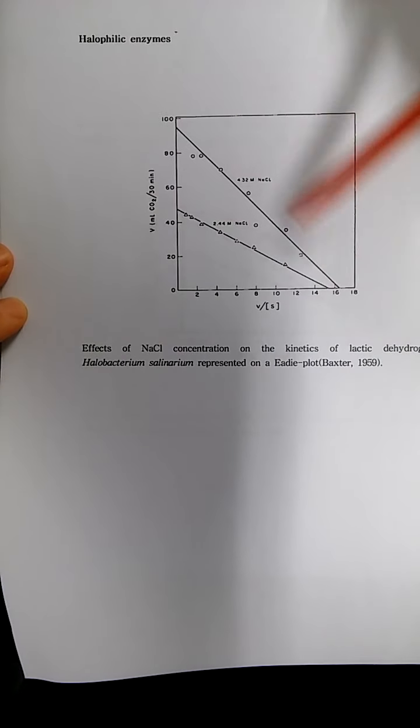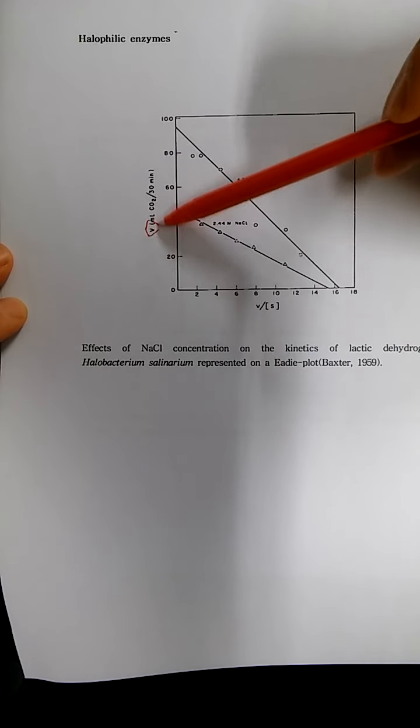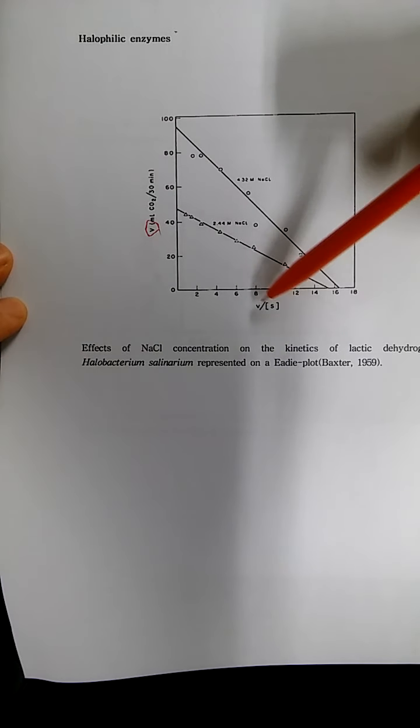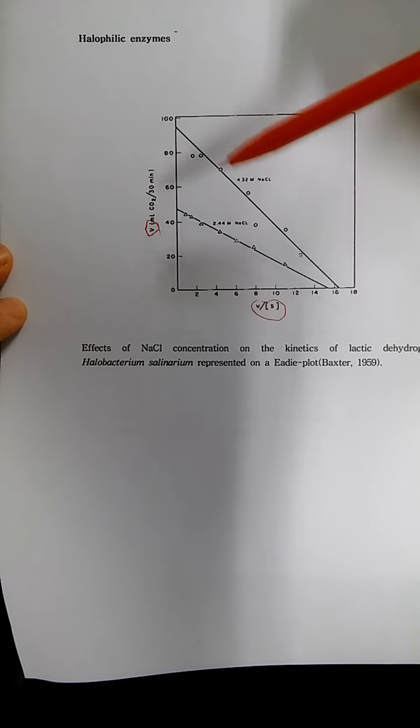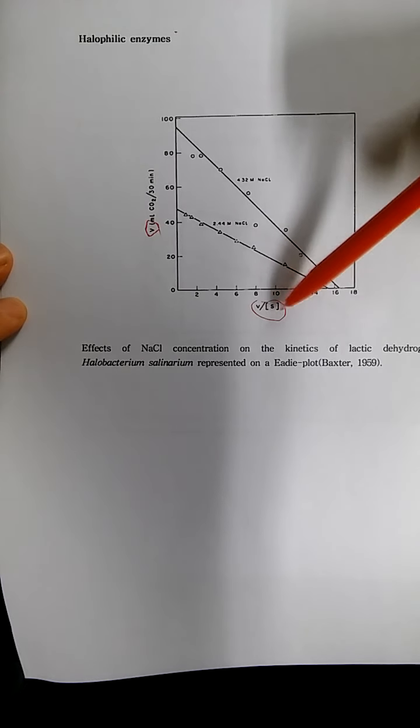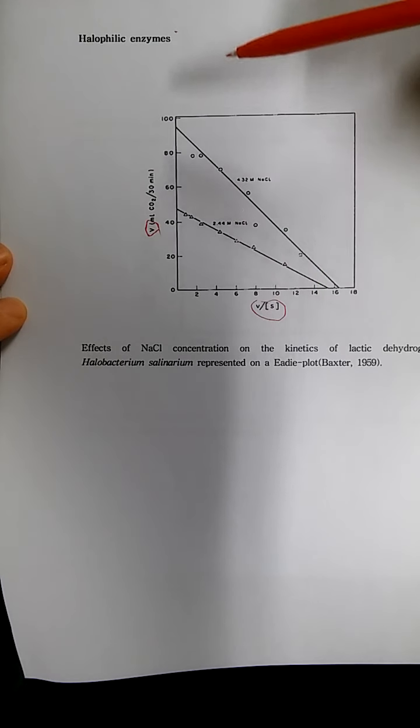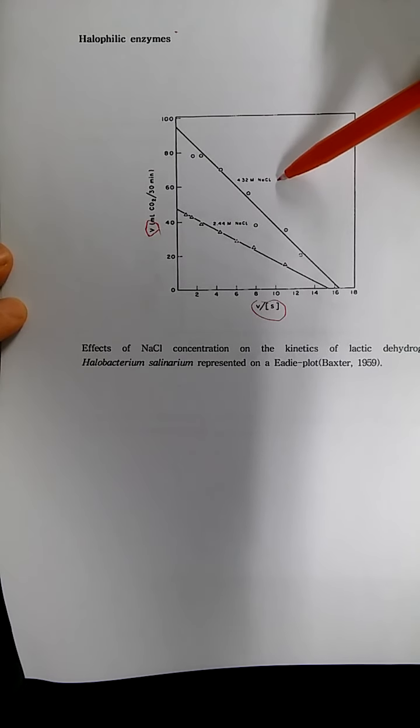So this is one example where the reaction rate V and V over S are measured at different substrate concentrations in different salt solutions.